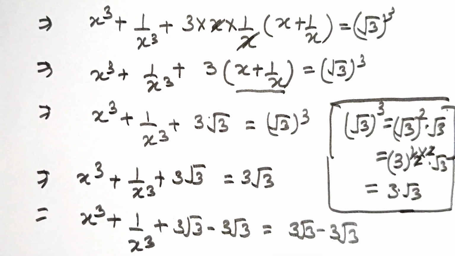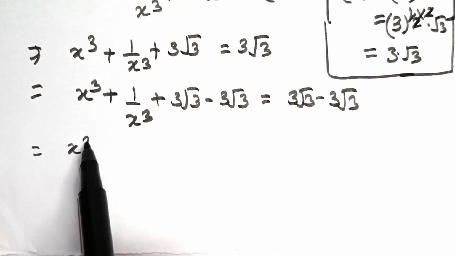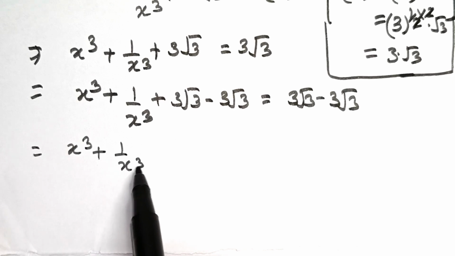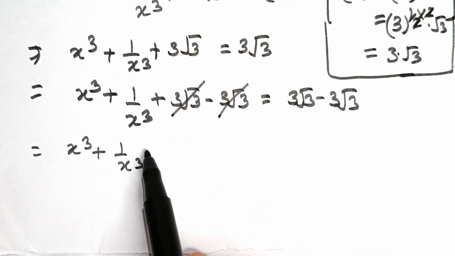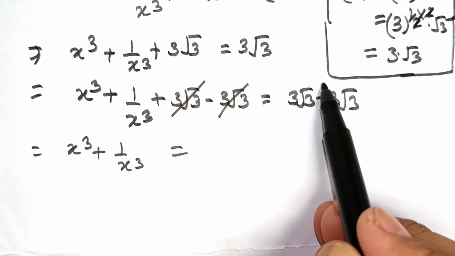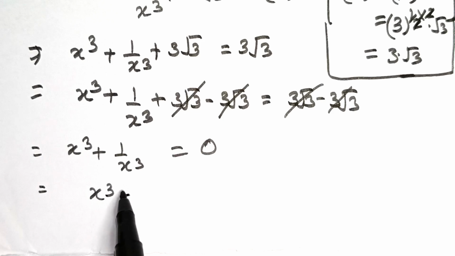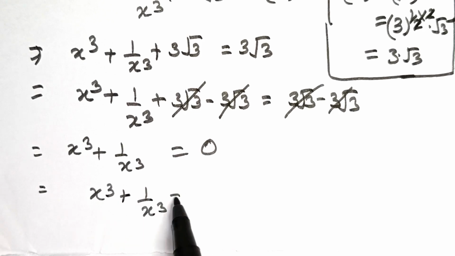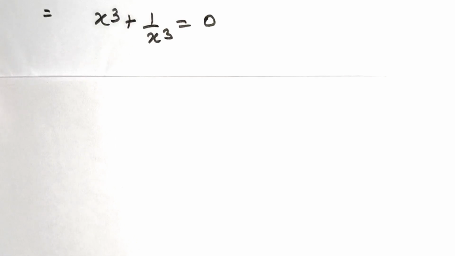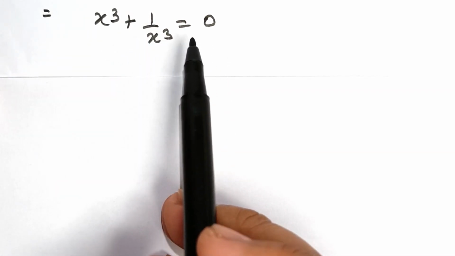So now we'll have x cube plus 1 upon x cube, this will cancel out, is equals 3 root 3 minus 3 root 3 will be 0 only. So x cube plus 1 upon x cube is equals 0.